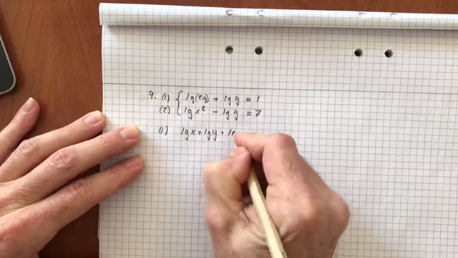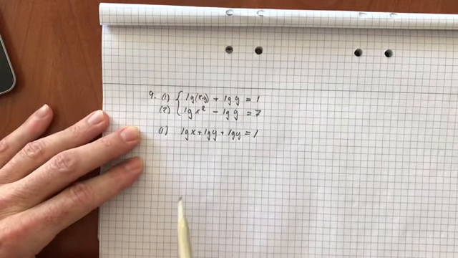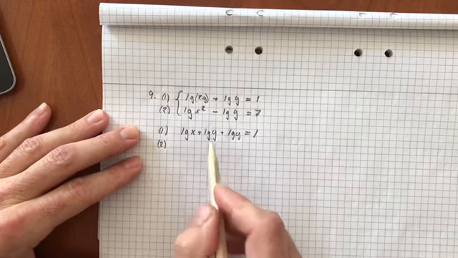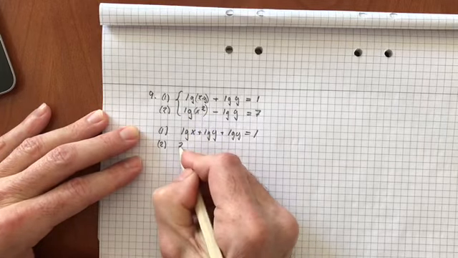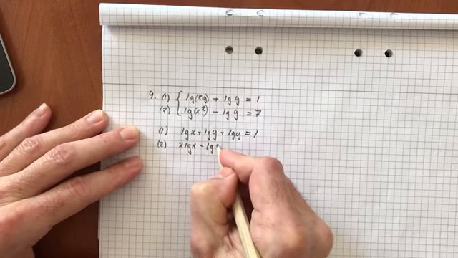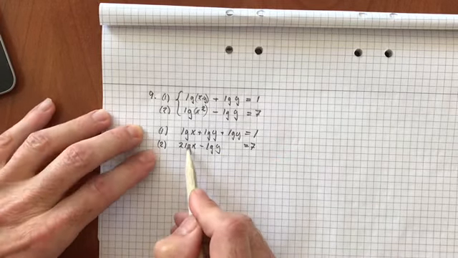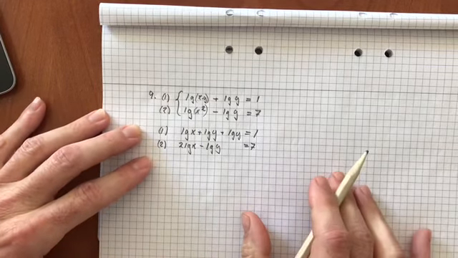Then you have plus the logarithm of y, equals 1. If you just do this, you get the first C point. In the second equation, you can use the logarithm laws to multiply with 2 instead. So 2 log x minus log y is equal to 7. If you rewrite equation 2 like this, you could also get a C point.